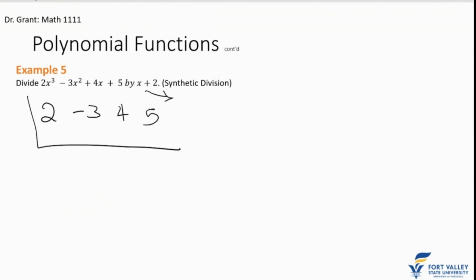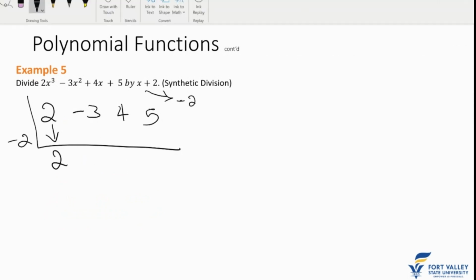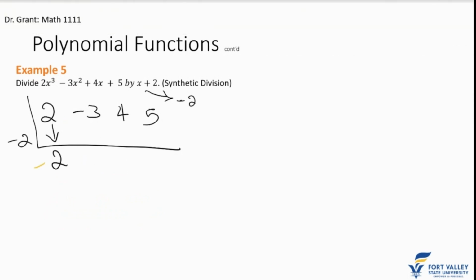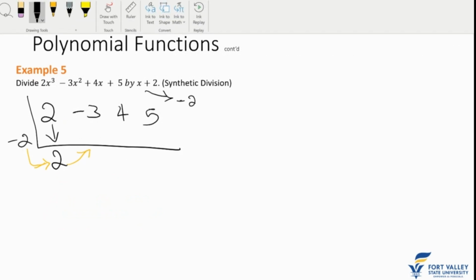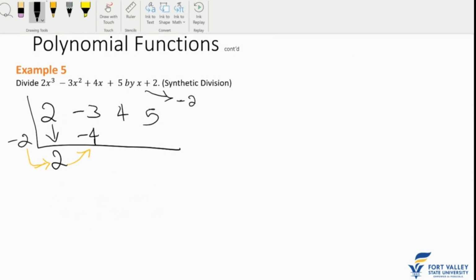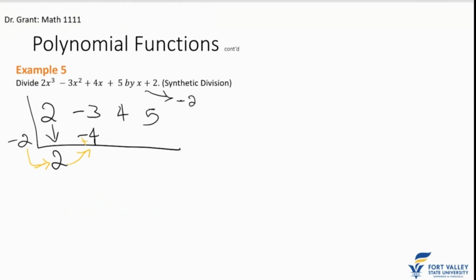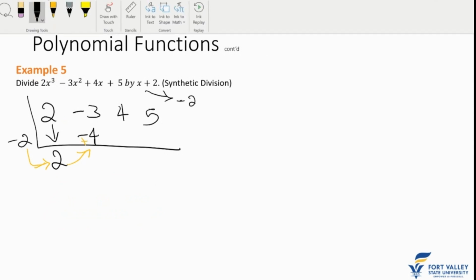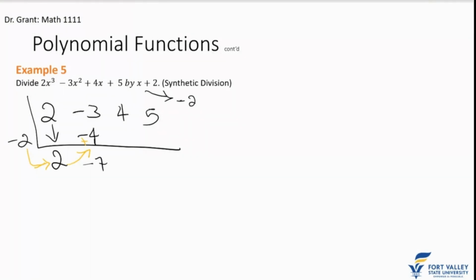We're going to take the opposite, which is -2. So I'm going to bring down my 2. I'm going to multiply -2 by 2, and that goes here. That's going to give me a -4. What am I doing here? I am adding. And so this becomes -7.